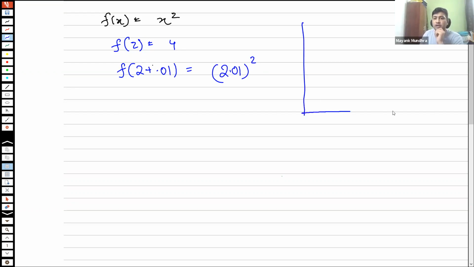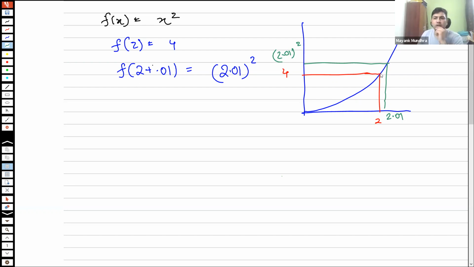If I put a graph here, the x square graph looks like this. This is the value at 2, it is equal to 4. And at 2.01, let's say here, it is 2.01 square, whatever that value is.